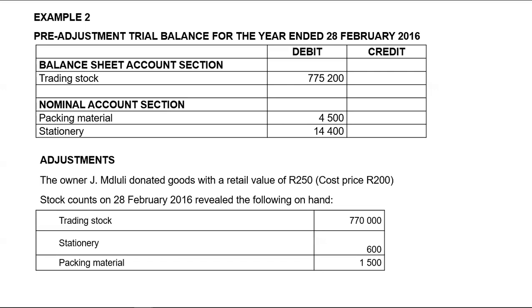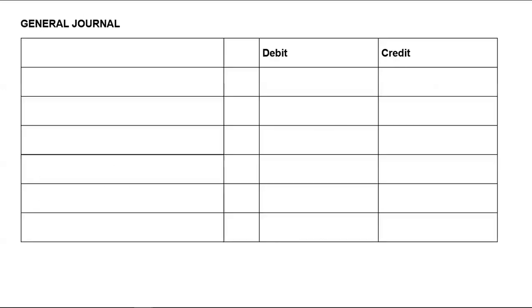How do we record it in the general journal? You will debit donations because that is an expense. Expenses, when they increase, increase on the debit side. Account debited will be donations.